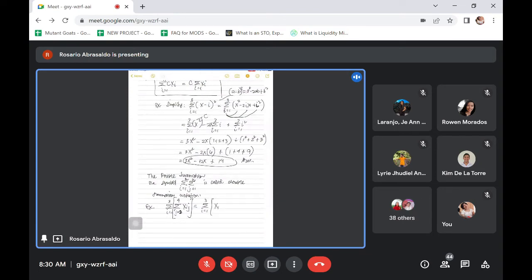So what we will replace here is x sub i, with j from 2, plus x sub i, next is 3, for j equals 3, plus x sub i, with j equals 4. The i subscript stays as is.